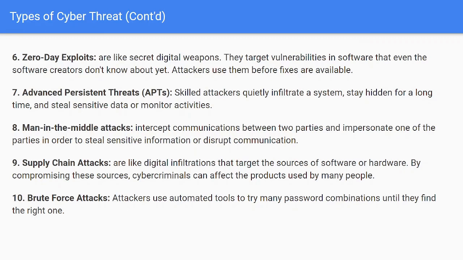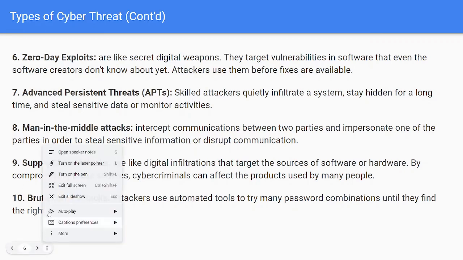Then we have the man in the middle attack. So the man in the middle attack is when there are two or more people talking, and then someone comes in the middle and is stealing credentials, stealing information, or even disrupting the connection. So let's say we have A and B talking to each other, right?